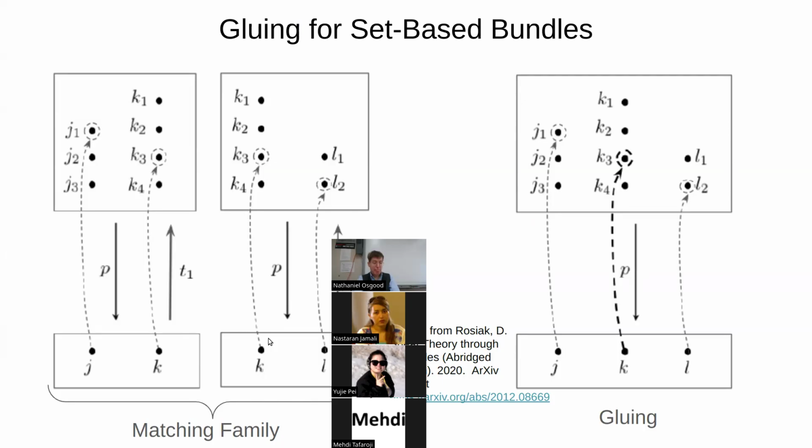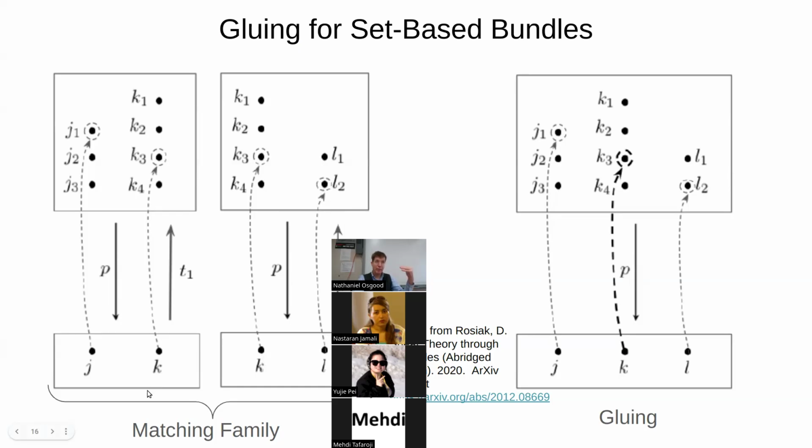Then there's an obvious constraint here we wish to impose. We wish to impose in particular that if we have KL, a section over that, and we narrow it down to K, that should be the same as what?